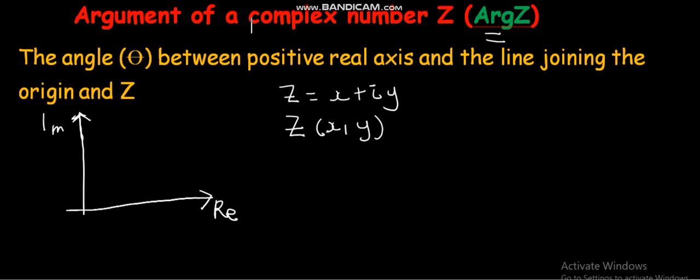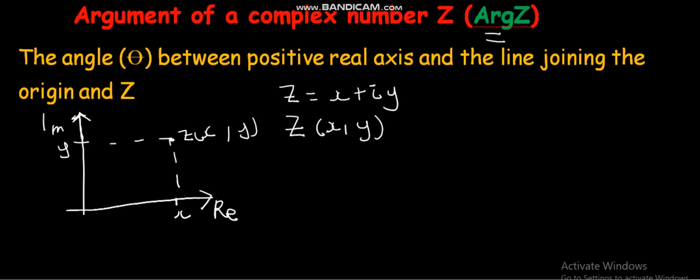So we are going to plot these 2 points on the Argand diagram. So this is our x and that is our y. So that is our z, which is x and y.